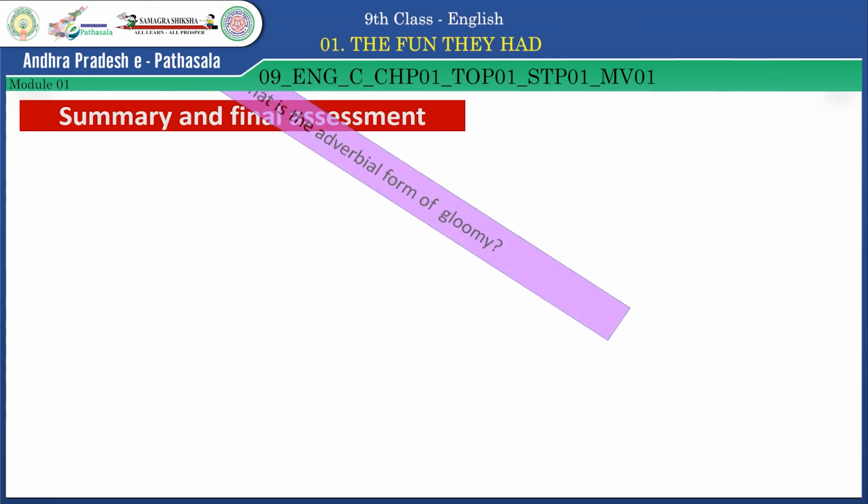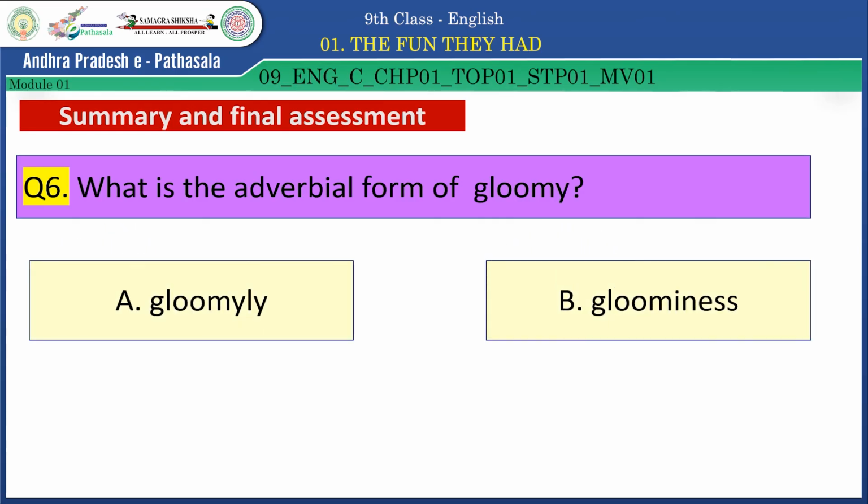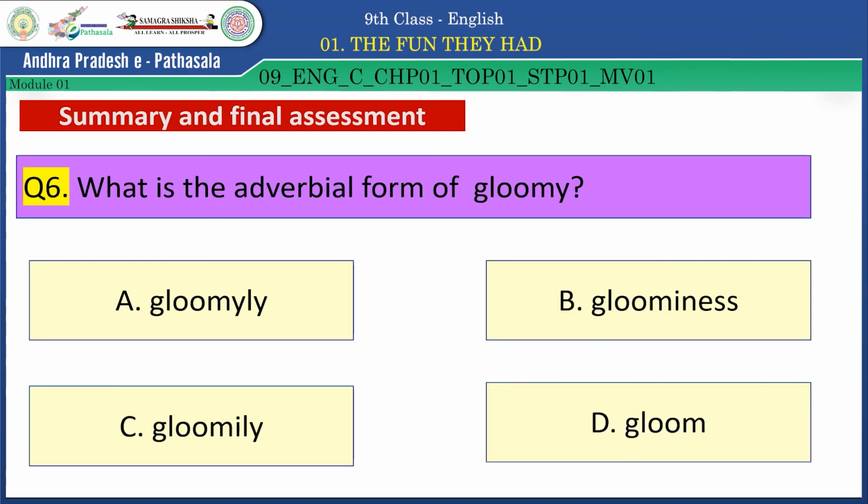What is the adverbial form of gloomy? The options are gloomily, gloominess, again gloomily, and gloom. What is the answer? Please focus on the spelling. Yes, the right answer is C. It is gloomily. Well done.